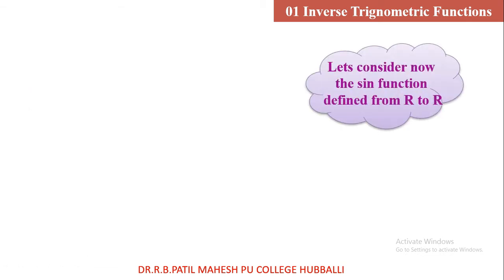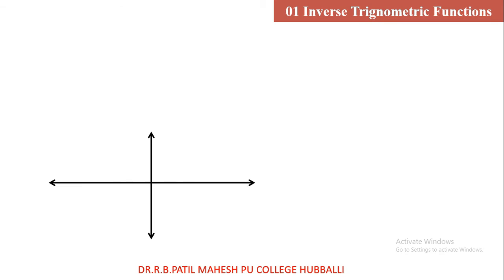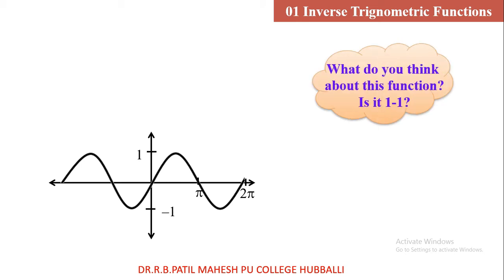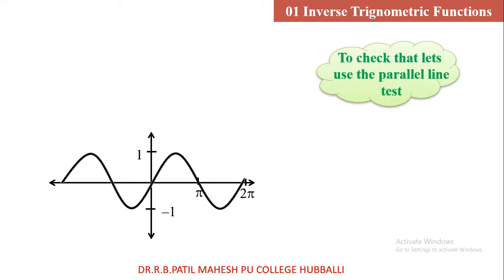Let's consider now the trigonometric sine function defined from real numbers to real numbers. Take its graph. Hope you know that the range of the sine function is the closed interval -1 to +1. Now, what do you think about this function? Is it a one-one function? To check that, let's use the parallel line test. Dear students, graphically, you can say whether the function is one-one or not.